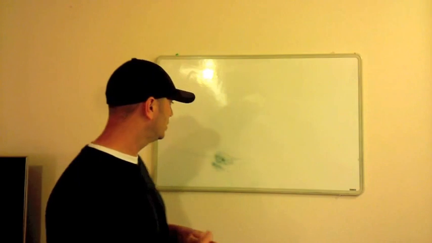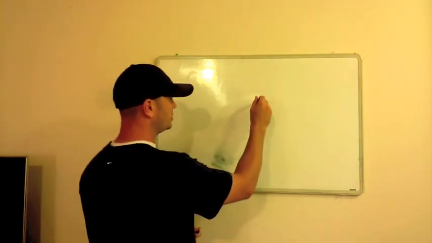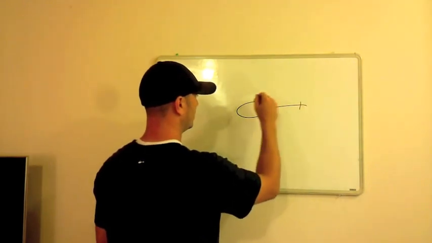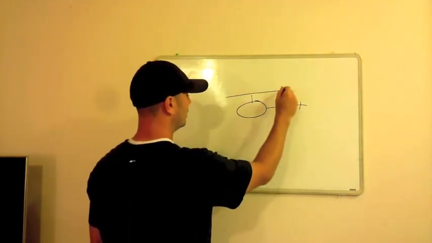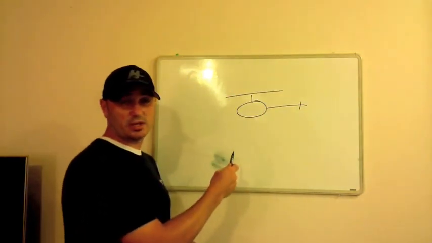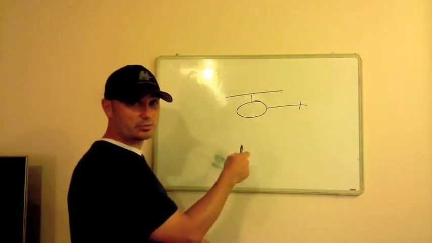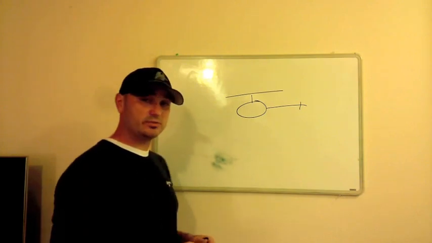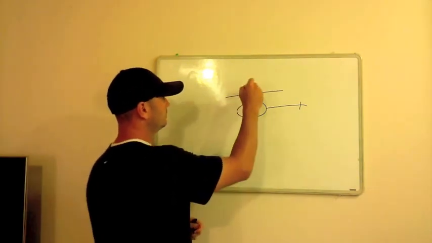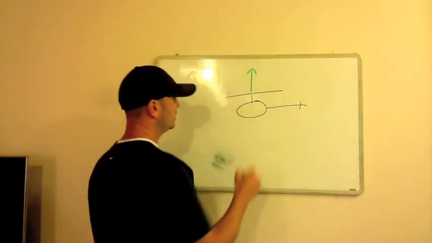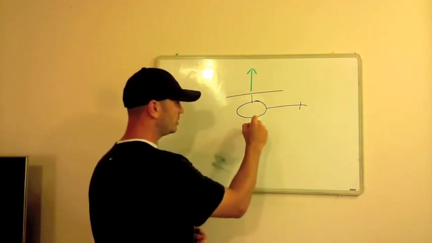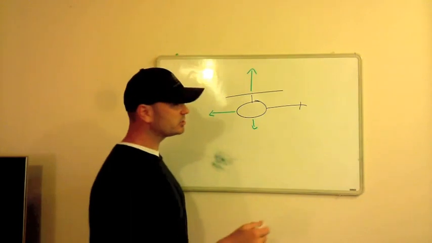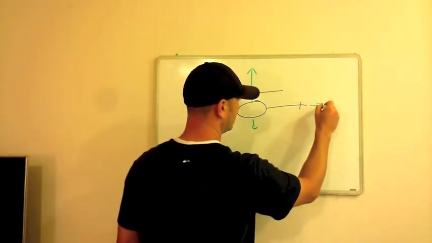First, there's one basic thing we need to understand about helicopters and when they start to fly. And that is, if you can bear with me, this is a two-scale helicopter drawing, that in order to achieve flight for a helicopter, lift has to be greater than weight, and thrust must be greater than drag.